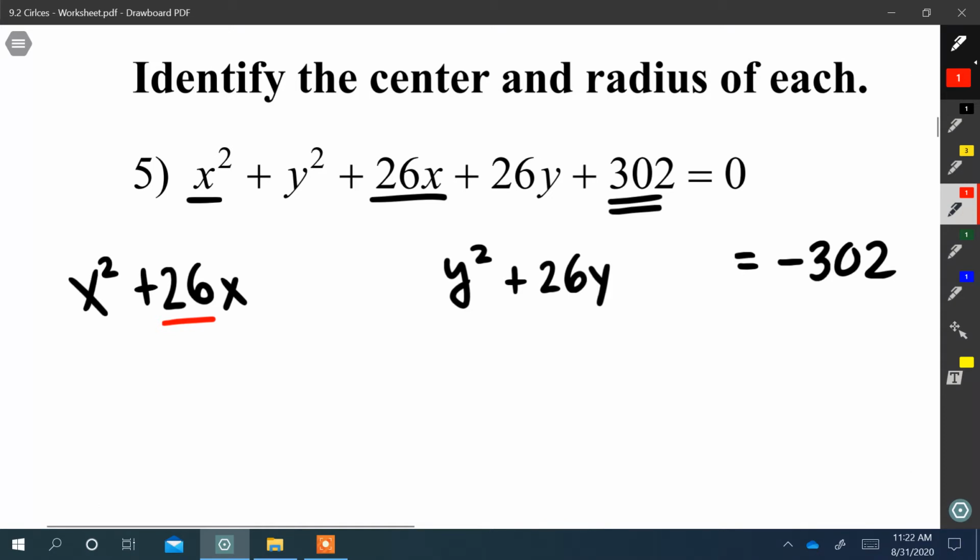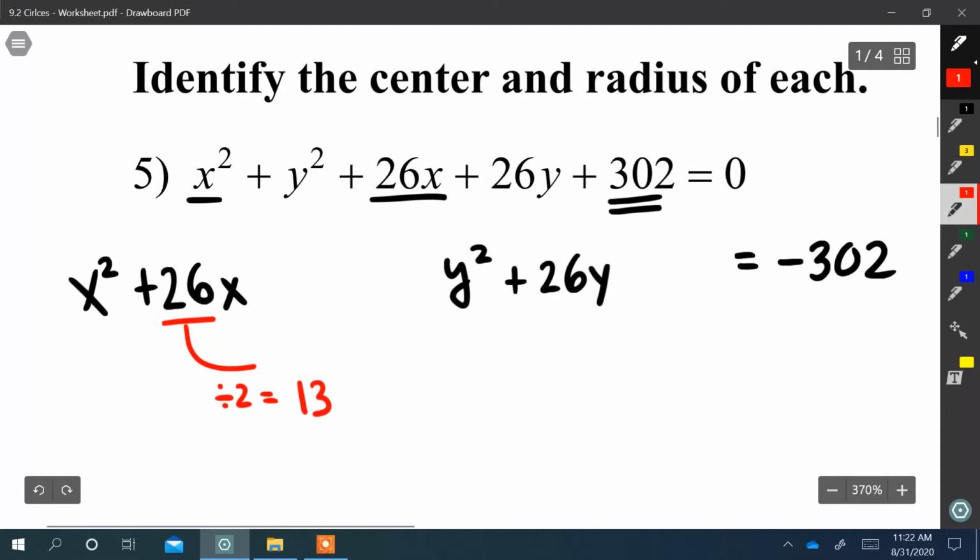So divide by 2: 26 divided by 2 is 13. Then we're going to square that. 13 squared, I believe that's 169, but let me verify that.